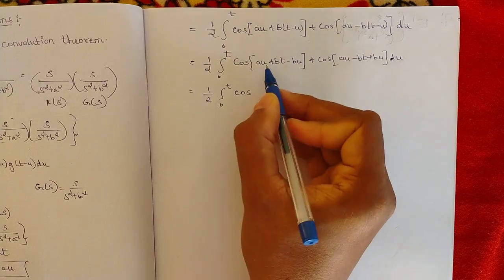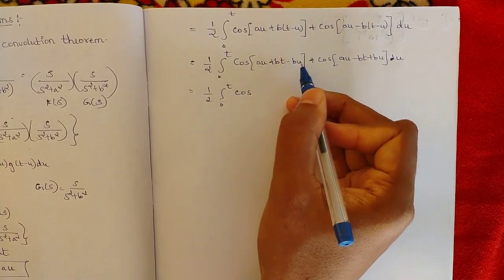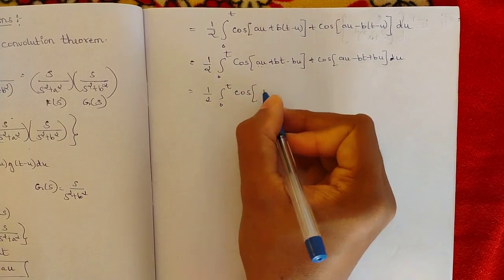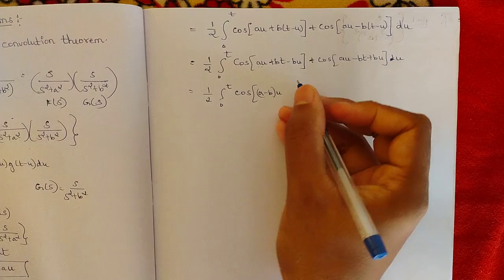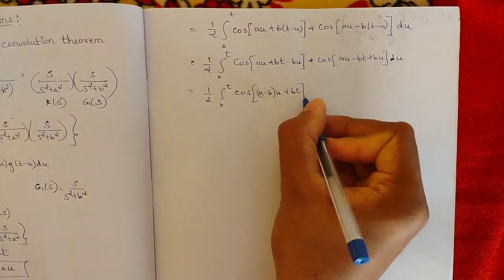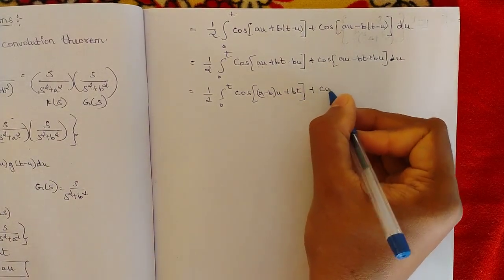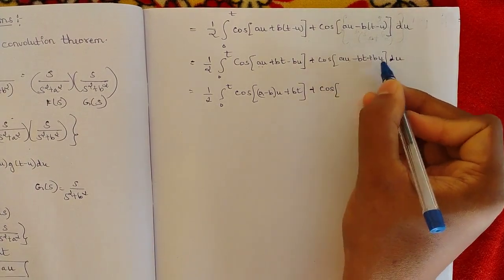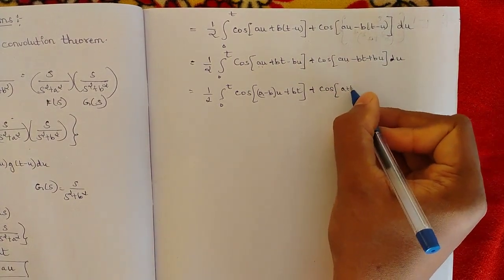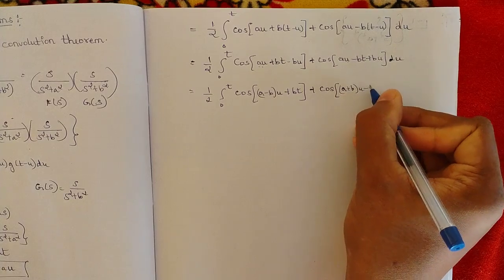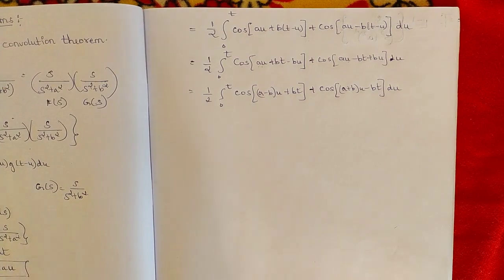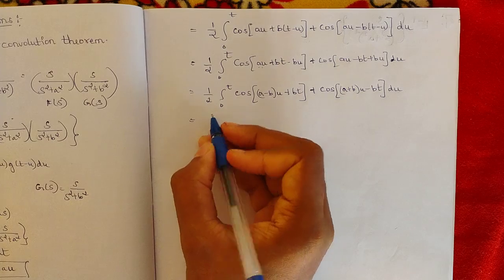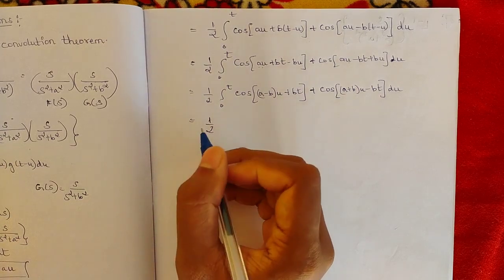So now what I am doing: 1 by 2 integral 0 to t of cos of (a minus b) into u plus bt, because in au minus bu, u is common, so I am taking it outside as a constant, plus cos of (a plus b) into u minus bt, where again u is common between au plus bu, du.